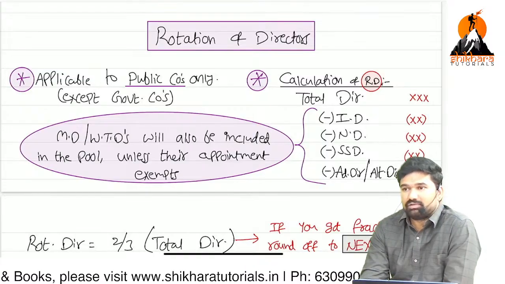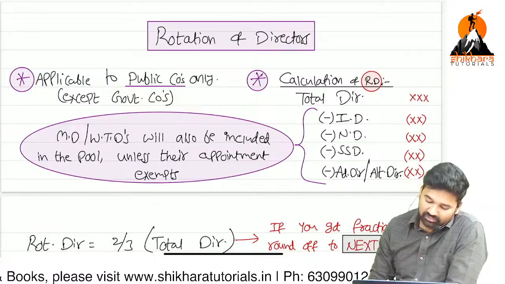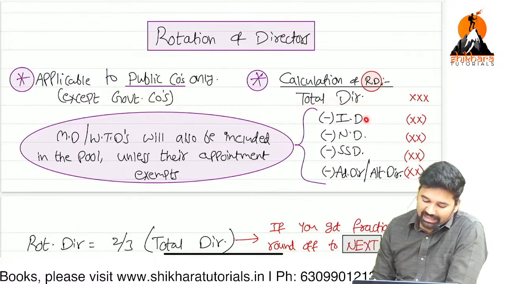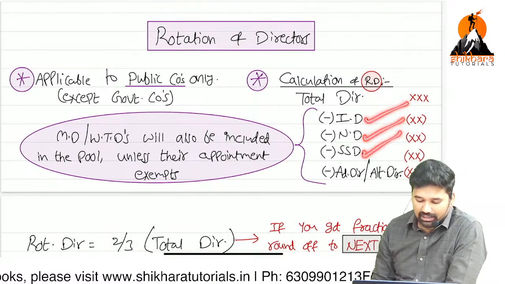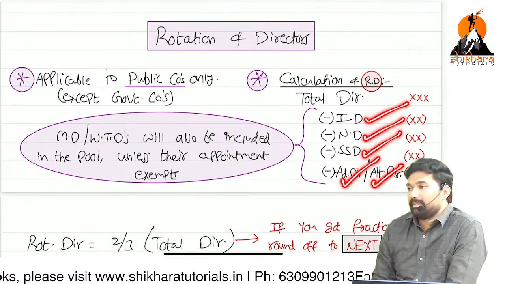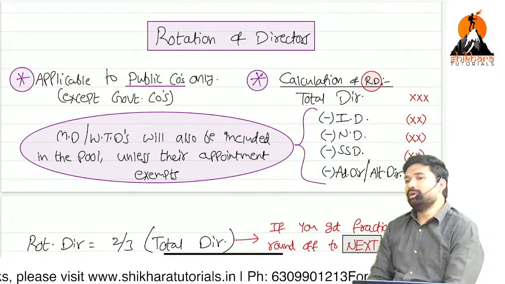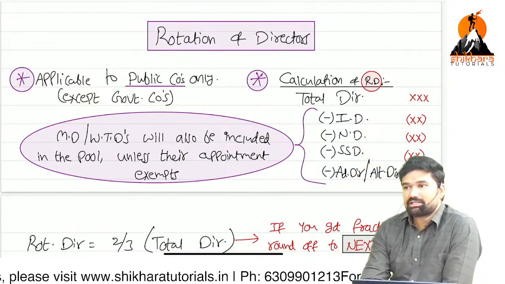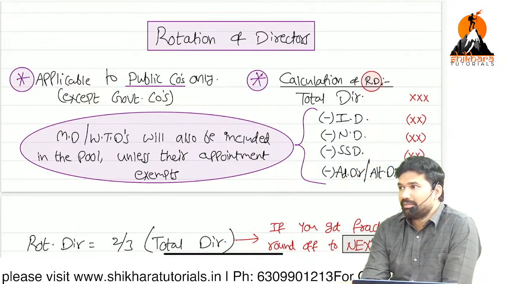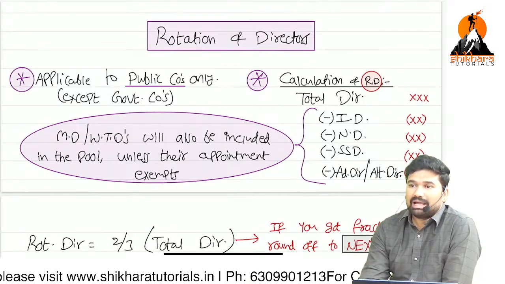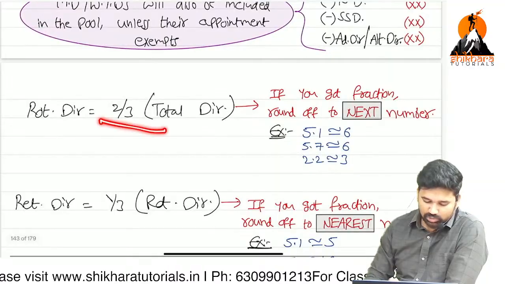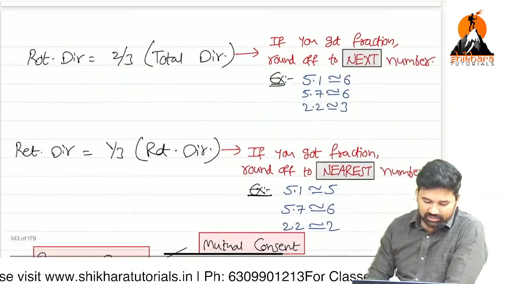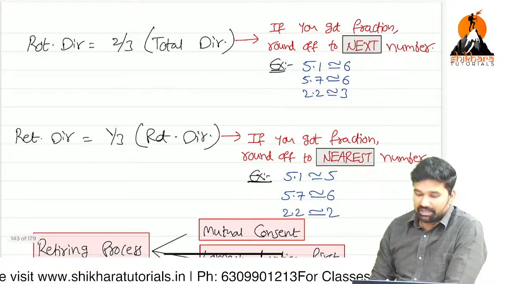From the total strength of directors, independent directors, nominee directors, small shareholder director, additional director, are these included or excluded? Excluded. From the remaining figure, we have to do the calculations. 2/3 is rounded off to the next number, and 1/3 is rounded off to the nearest number.